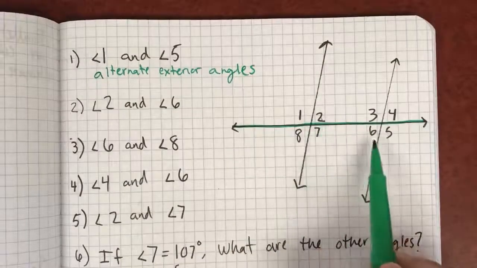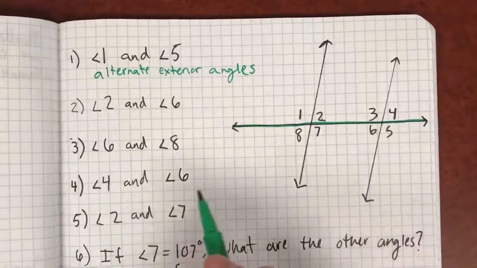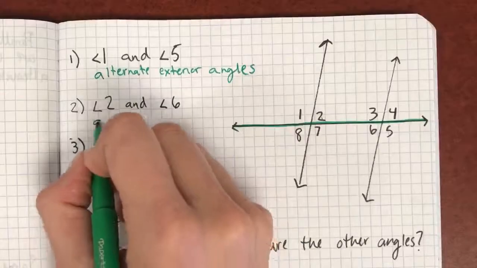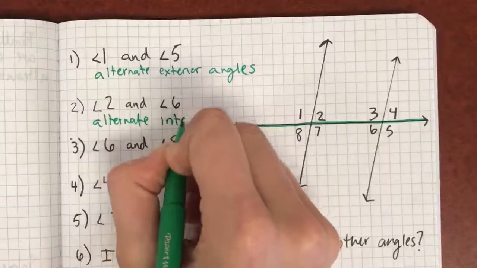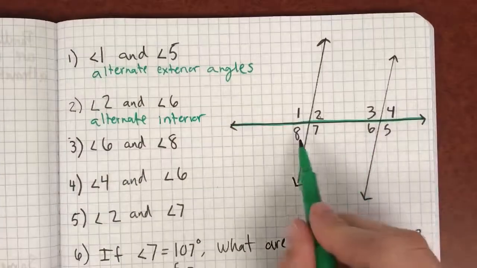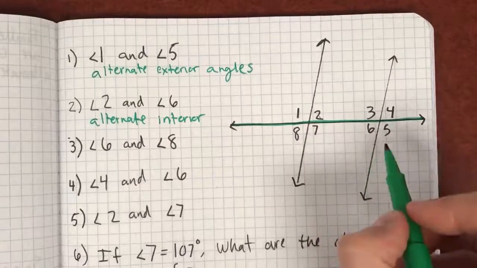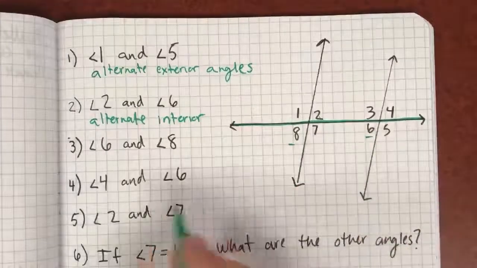All right, 2 and 6. Again, opposite sides of the transversal, but they're inside my 2 parallel lines. So these would be alternate interior. Okay, 6 and 8. Those are on the same spot, but on different lines.